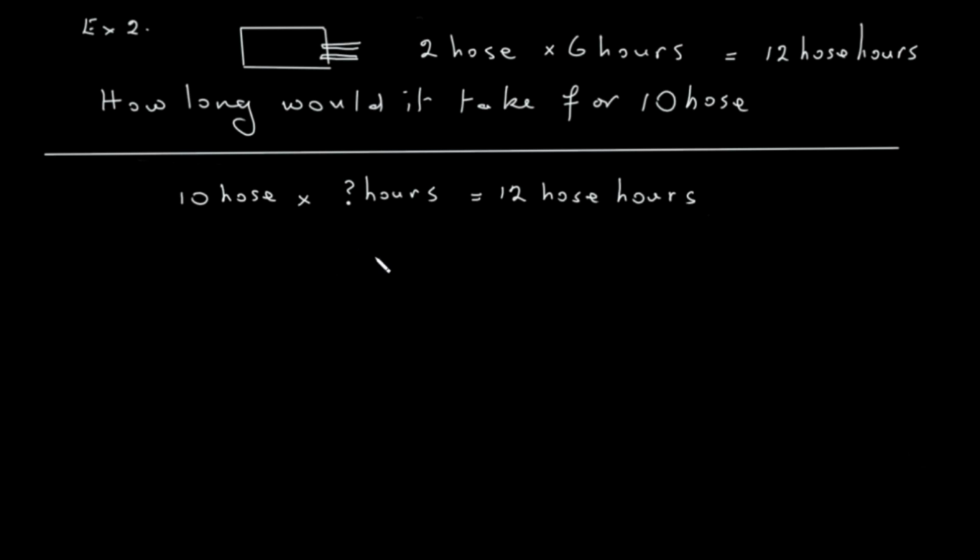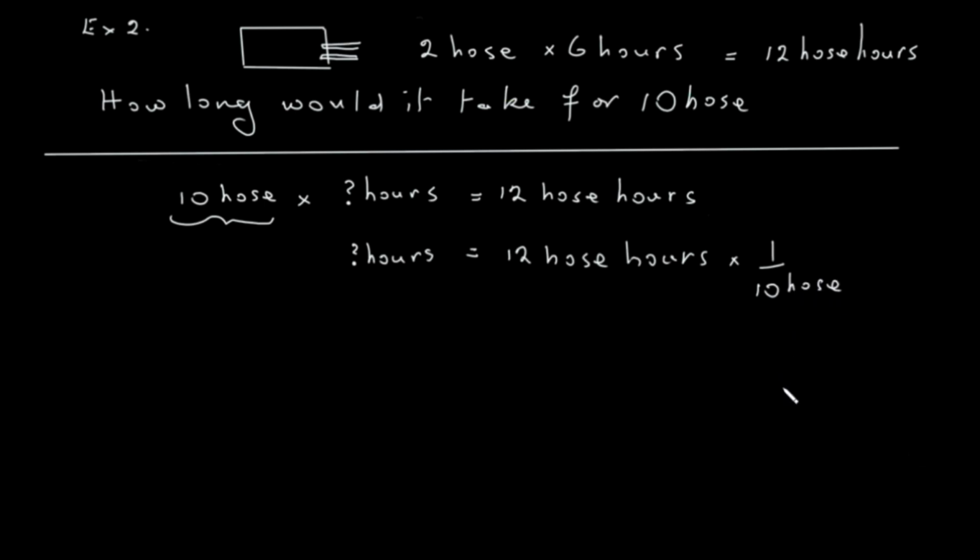We want that on its own, so we want to get rid of that. So we do that by taking it over the other side, shortcut method. That is multiply, so when we take that over the other side it becomes divide, so we end up with the unknown hours. That now has gone from the left, 12 hose hours. Take that over the other side, it becomes divide, which is the same as multiply by 1 over 10 singular hose.